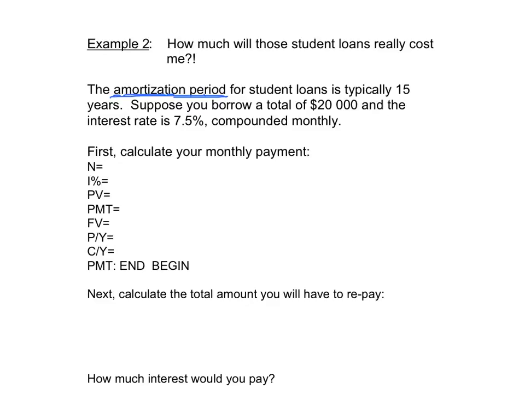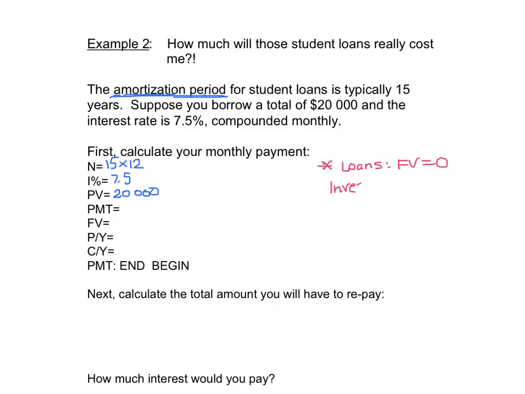So in that case, the value for N would be 15 years monthly. And the interest rate is 7.5%. Our present value now, since this is a loan, the present value of the loan is $20,000. So let's just make a side note here that for loans, the future value is 0, meaning at the end of the loan you don't owe any money to the bank.